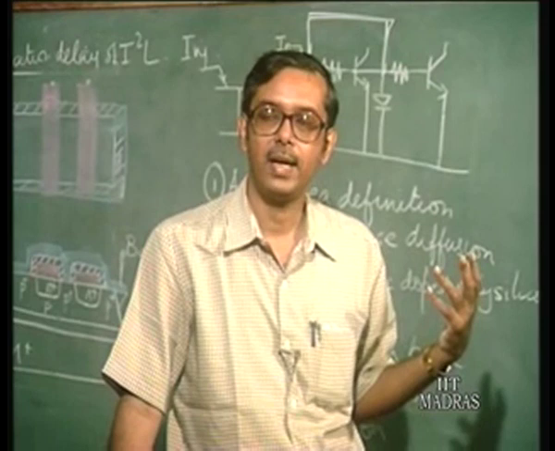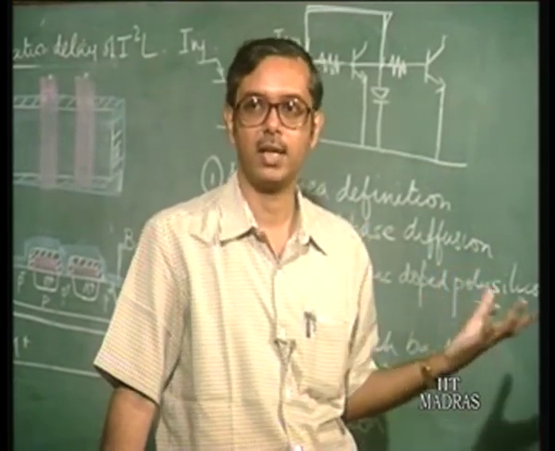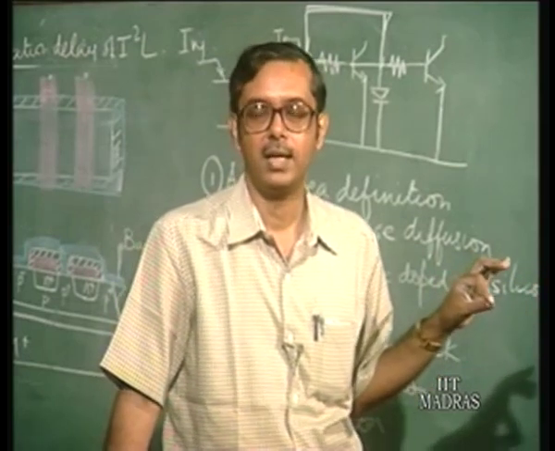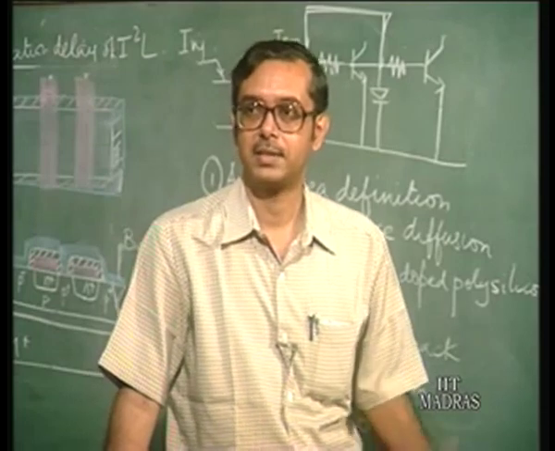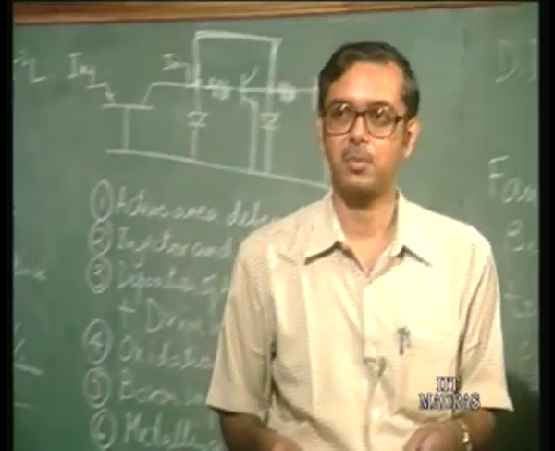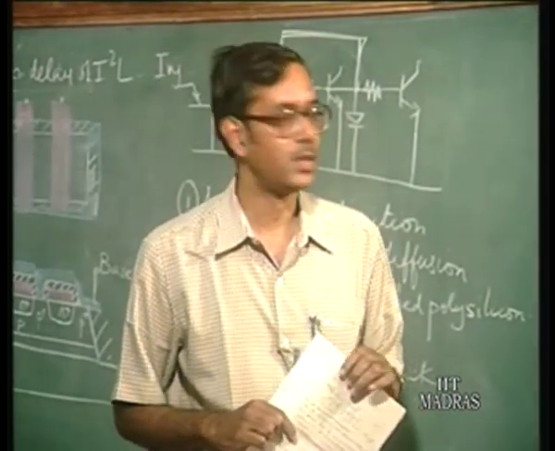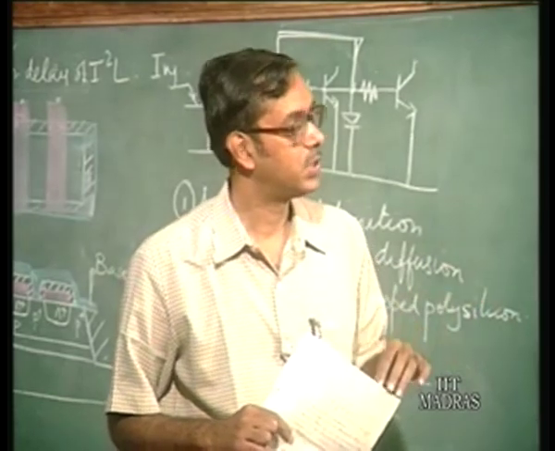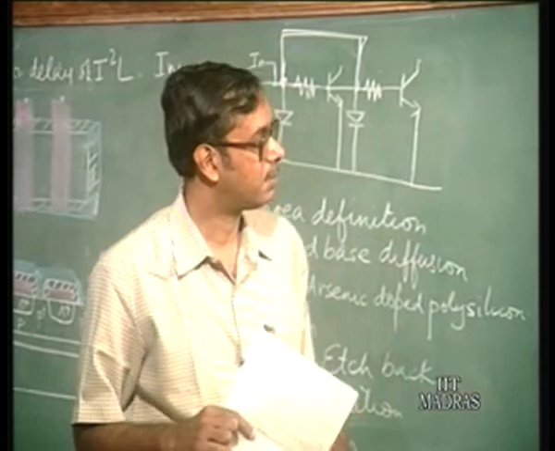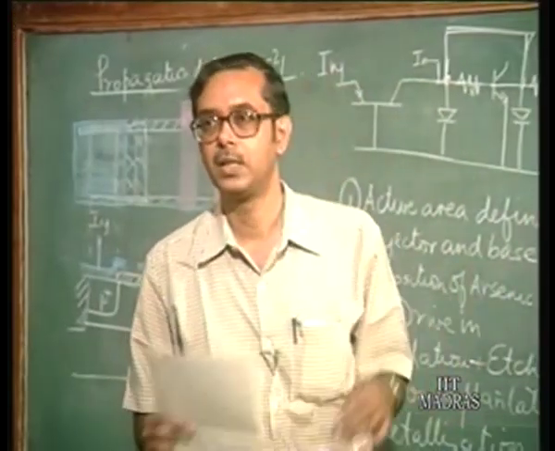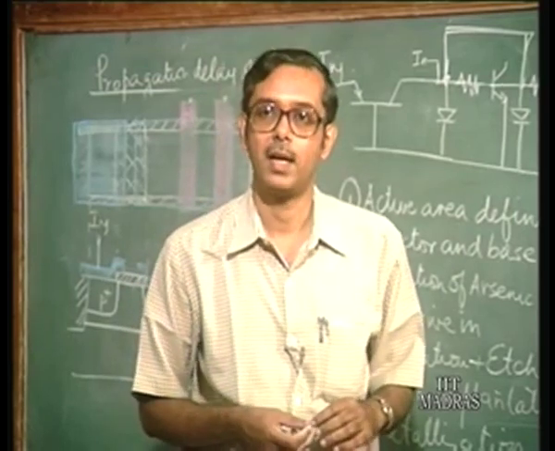In fact that is the area where a lot of work is going on, rather than silicon I²L presently. Even microprocessors have been fabricated by Texas Instruments using heterostructure I²L. So we shall go to that later on. But this is the present condition, the delays which have been achieved using I²L.